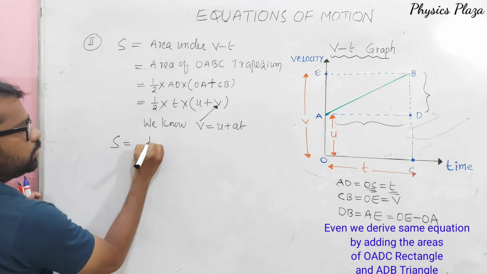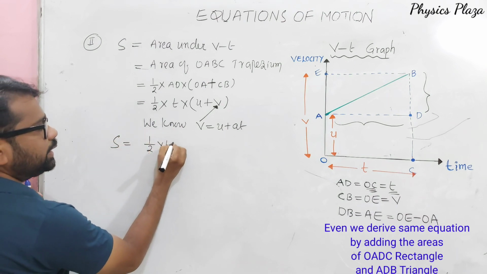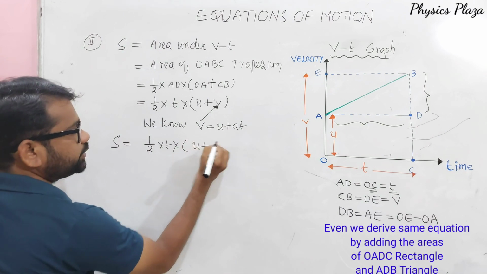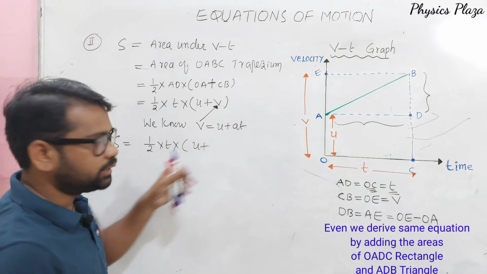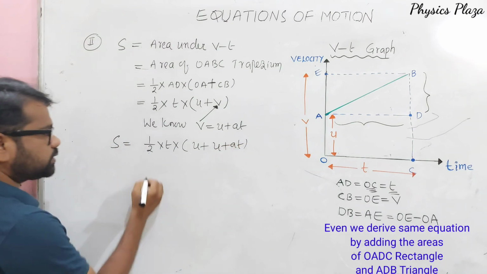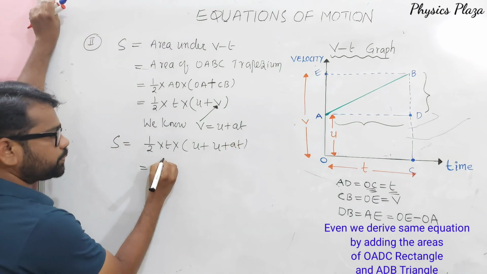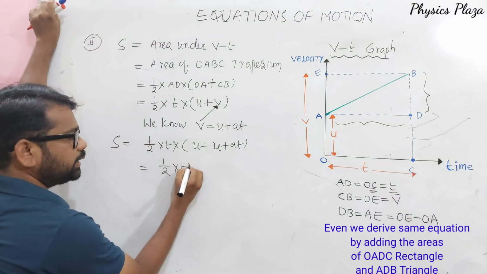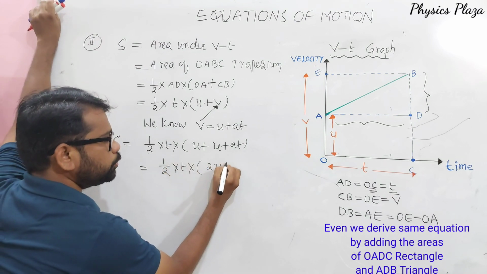S is equal to half into T into U plus, in the place of V, we are going to write U plus AT. Now let us simplify this. Got it? So it will be half into T into 2U plus AT.